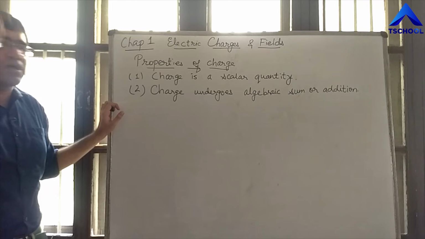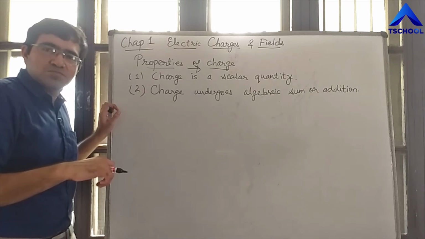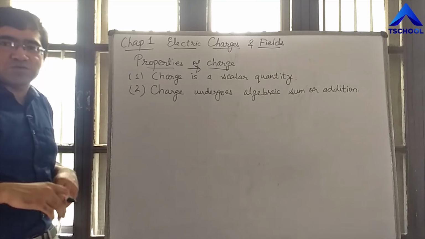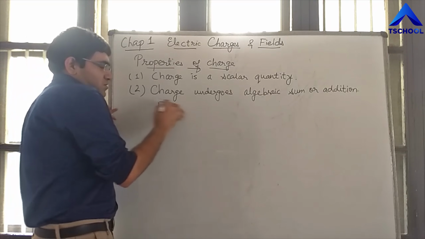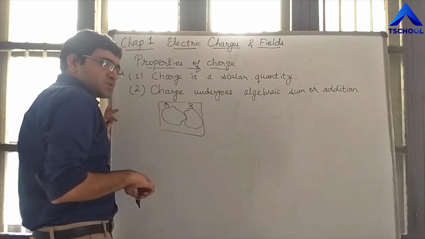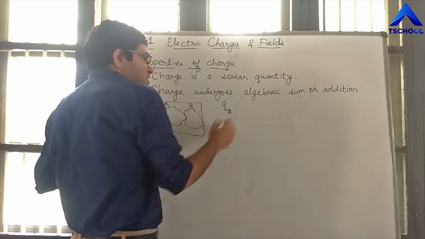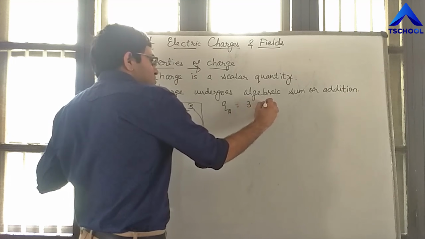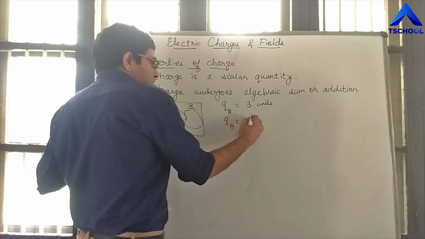Okay, it means that whenever you have a system, let's say a collection of objects, so let's say that in some system there are two objects A and B, right? And the symbol of charge is generally Q. So charge on A is some 3 units, whatever those units are, and charge on B is -1 units.